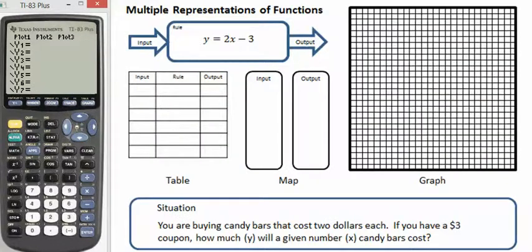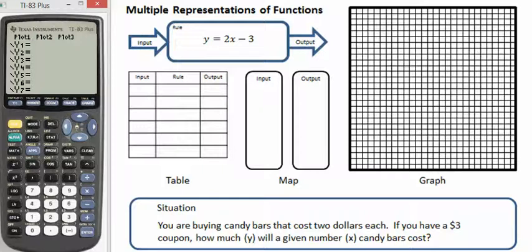All right, on the next one, we're going to add 2 more representations, ways of showing the functions. One is the situation itself, that the whole thing comes from, and the other is a graph of that situation. So let's start from the situation. You're buying candy bars that cost $2 each. If you have a $3 coupon, how much y will a given number x of candy bars cost?